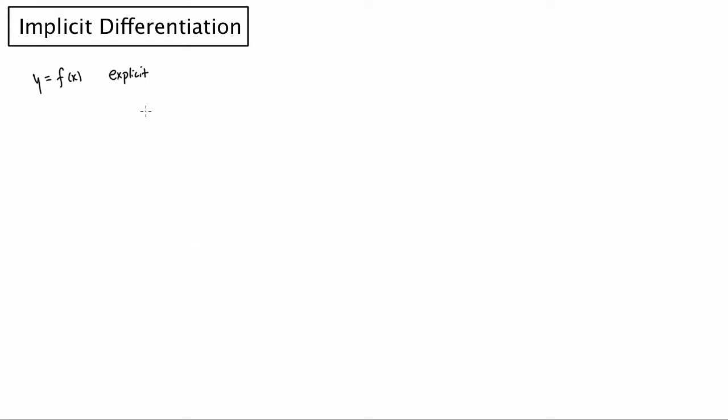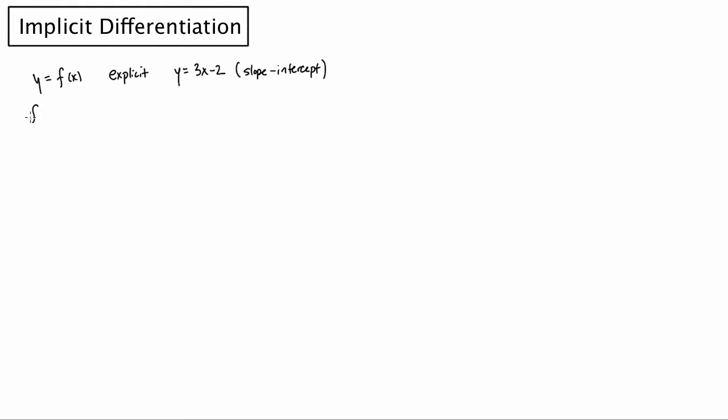One example of this would be just the line y equals 3x minus 2. In high school algebra, you would have called it the slope-intercept form of the line. But mathematically, it's just really the explicit form of the line.